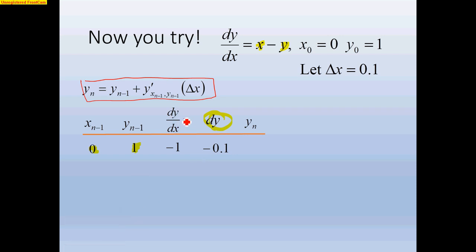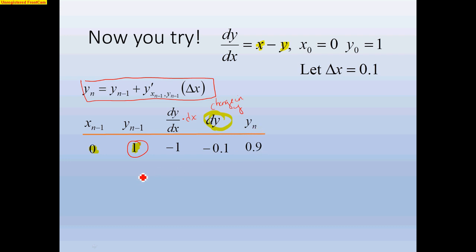You're taking dy dx, multiplying by dx, and my dx was 0.1. So multiply negative 1 by 0.1 and get negative 0.1. This is the change in y. So go to your y, which was 1, and change it by negative 0.1, and you get 0.9. 0.9 is the y coordinate of your next point.